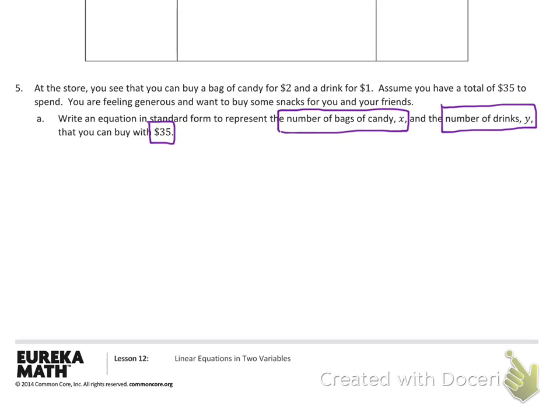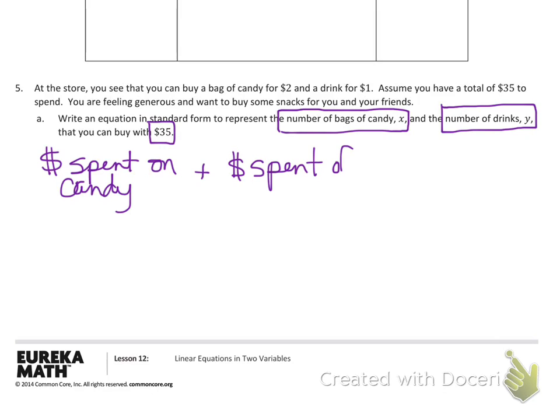Okay, when I do a problem like this, I like to think in terms of a verbal model first. So I'm going to use words. I'm going to say that the dollars spent on candy plus the amount I spend on drinks would be my total spent.